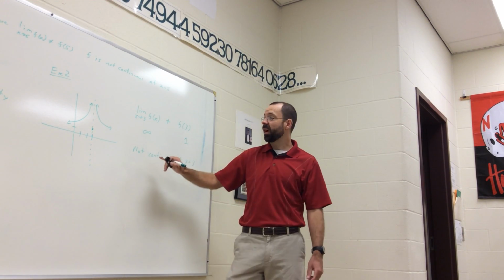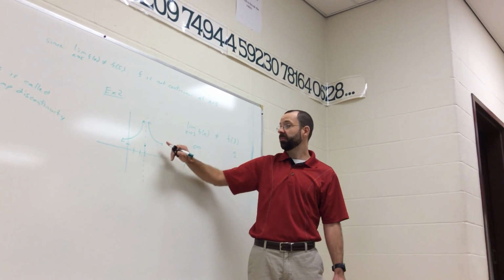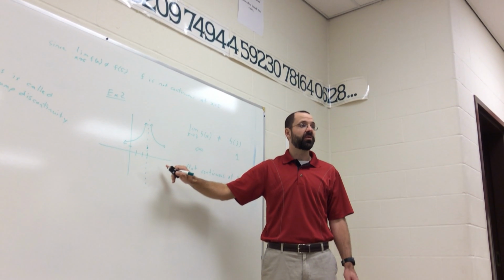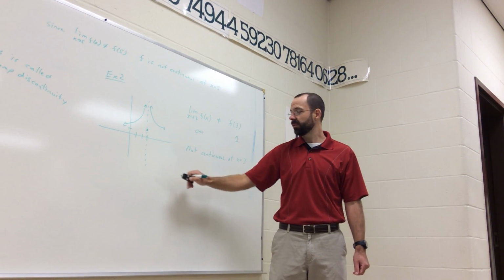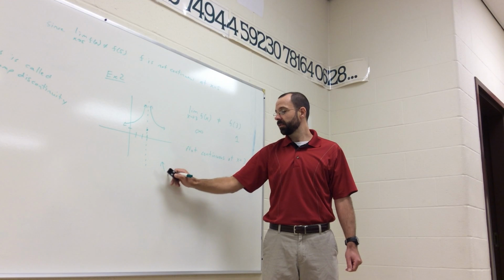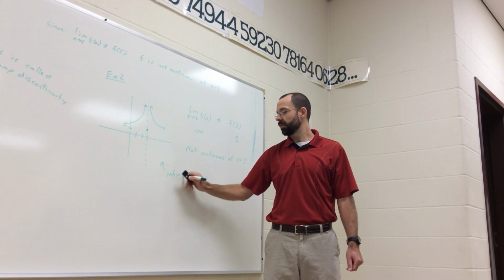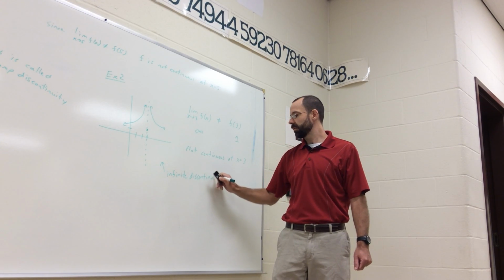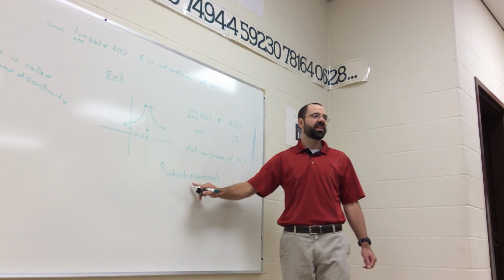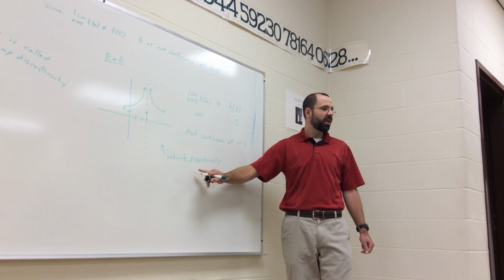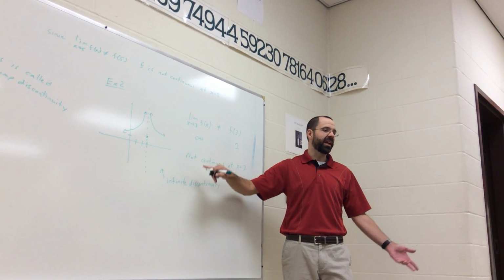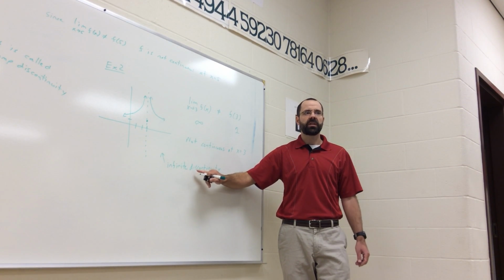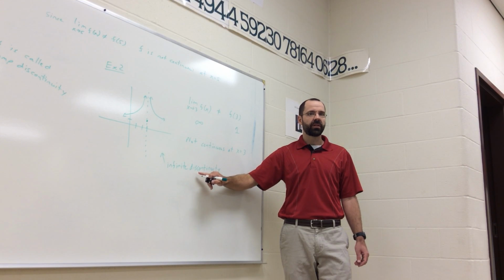Okay, so what's going on here is there's a vertical asymptote because the graph is going to infinity. So this type of discontinuity is called an infinite discontinuity. Basically an infinite discontinuity happens when the limit is infinity or negative infinity. So if there's a vertical asymptote, that's going to cause an infinite discontinuity.